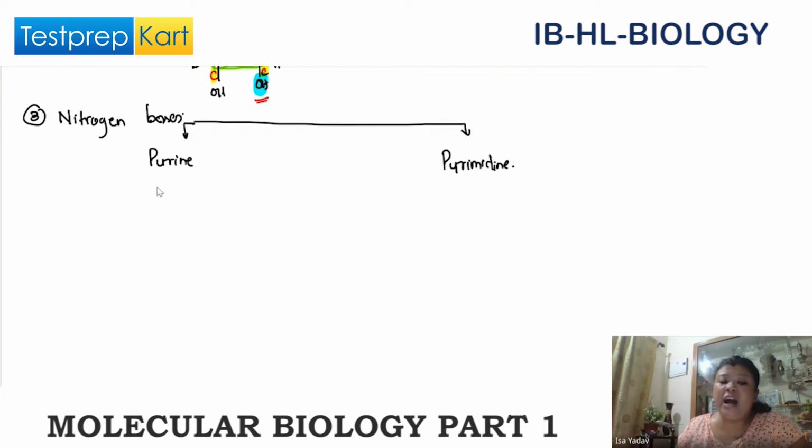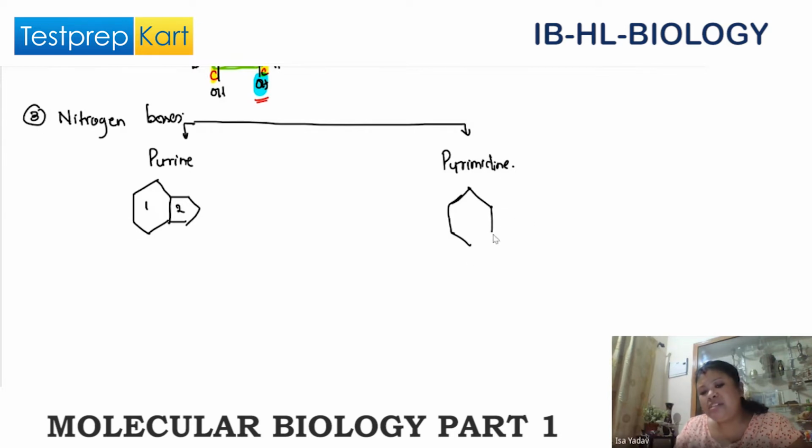The purines are larger compounds, and they have a double ring structure. One ring is this, the second ring is this. Pyrimidines are smaller nitrogen bases. They have a single ring structure, only one.